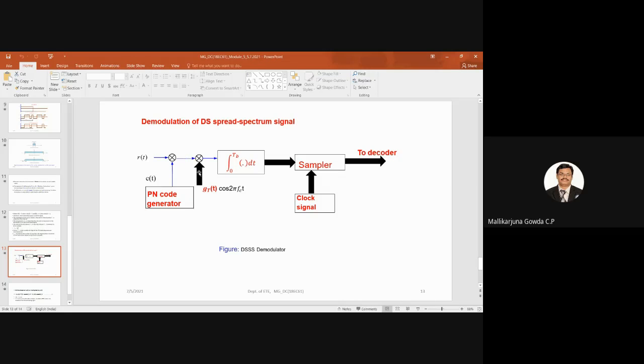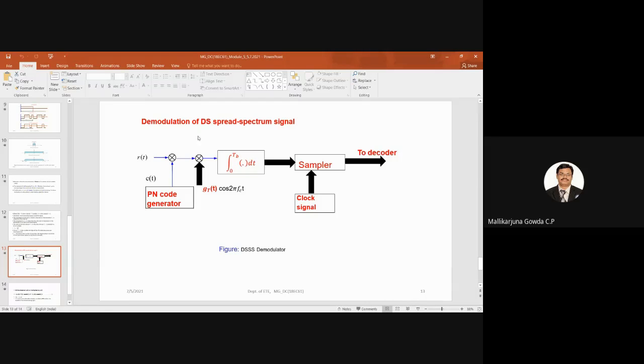Then we multiply that with the cosine wave. g_T of t is a pulse and carrier, that is, a carrier signal: g_T of t into cos of 2 pi f_c t. See here, a multiplier followed by an integrator, means it is a correlator block. You all know the function of a correlator: it will get the sample vector.